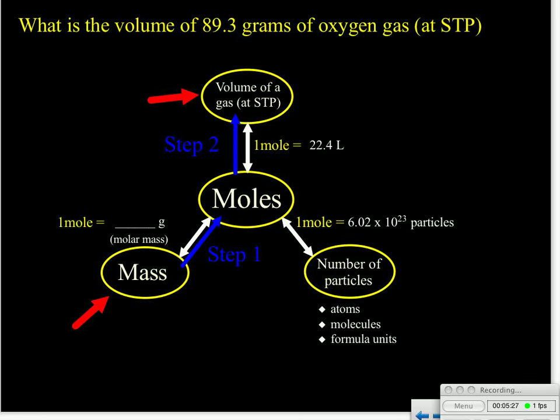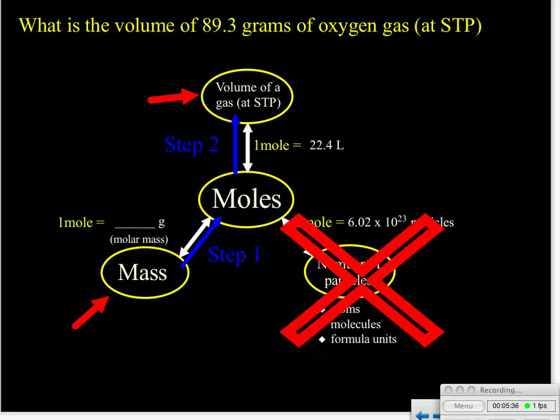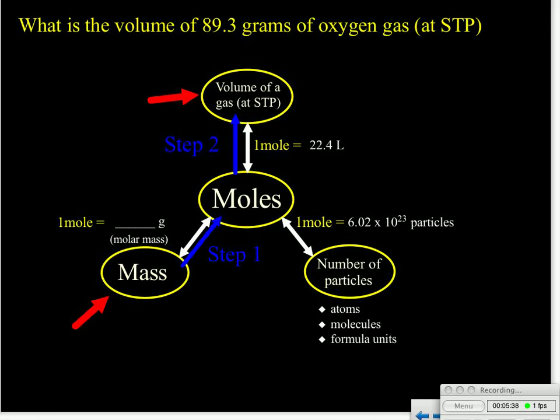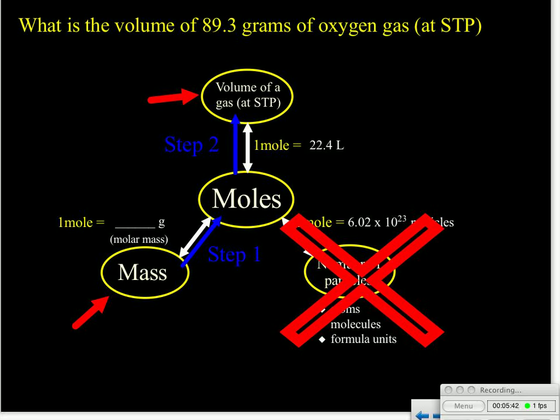One thing to note at this point: what road are we not going to go down? Well, we are not going to worry about those particles down here. It's just not something we're interested in. Sometimes this throws my students off a little bit, because they see that we're dealing with moles and suddenly think, well, we know that a mole contains 6.02 times 10 to the 23rd particles, and they think they have to put that number in there.